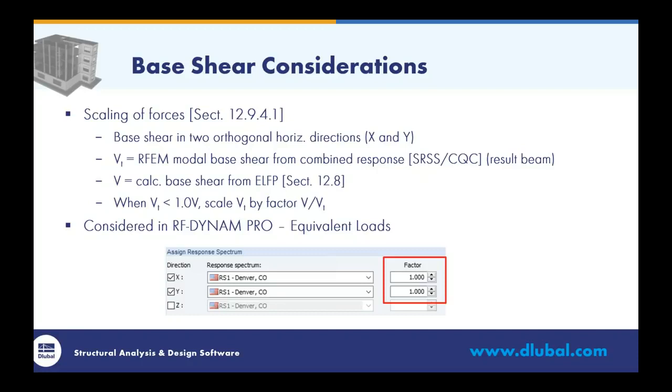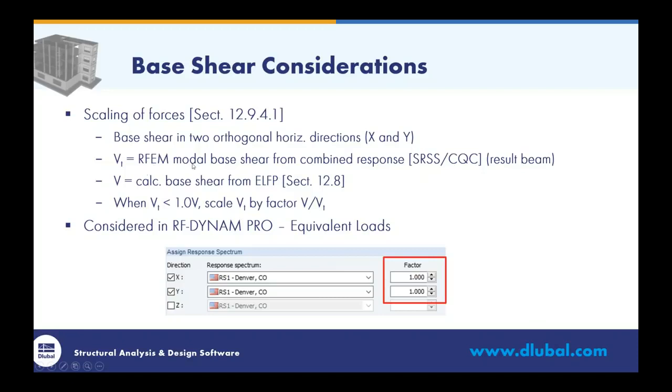And V sub t is the RFEM modal base shear from the combined response, again, according to the CQC rule, from the result beam. So I just showed you how to determine that base shear from the result beam. Now we compare that to the shear within the standard, which is calculated from the equivalent lateral force procedure from section 12.8. So you can manually calculate this value.